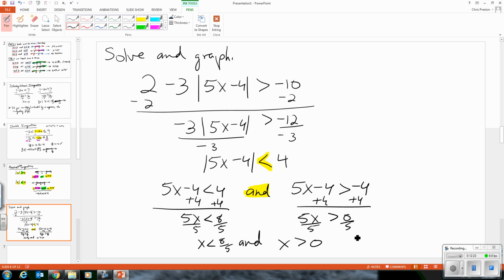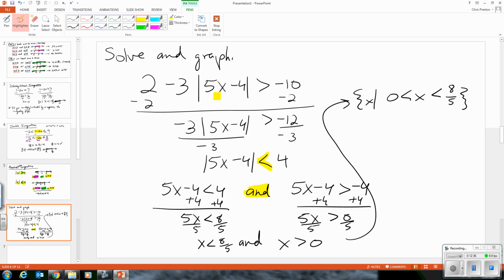So what that means is my set of numbers is going to be between 0 and 8/5. Now, just to verify that, if I look at this first relationship, I want my number to be less than 8/5. Well, that's what this is saying. I want my numbers less than 8/5.